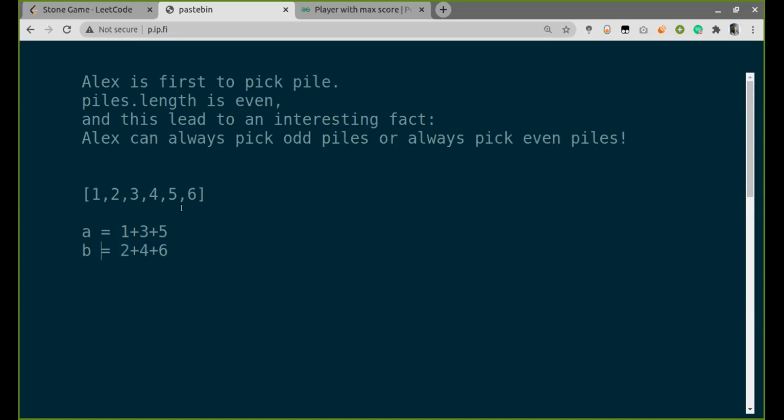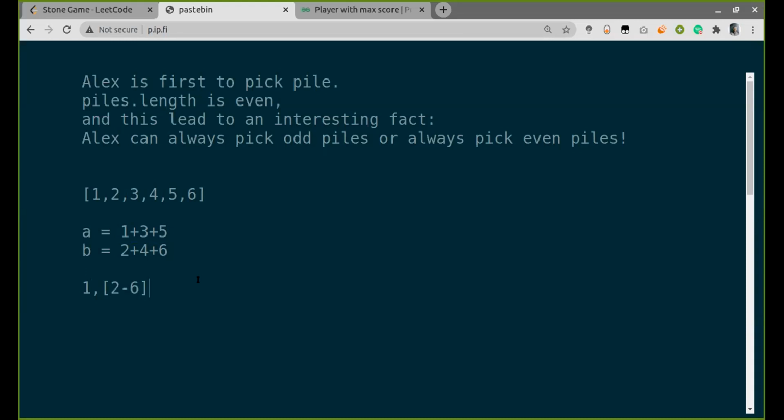Since the sum is not even, there won't be any case where both values, A and B, are the same. So the first player will always first check if the values at odd indices are greater than the values at even indices or not. If it is, then he will choose all the values at odd indices only. First he chooses 1, so the search space goes from 2 to 6.